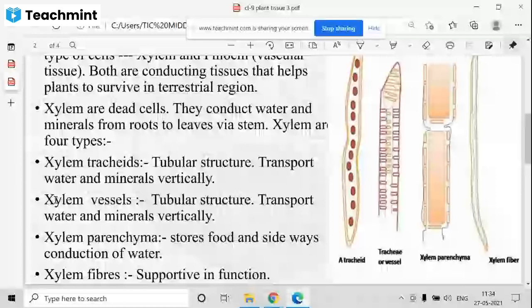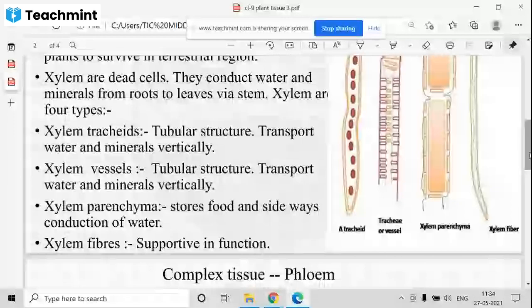Then the xylem vessel, the carrier. It transports water and minerals vertically from the roots to the leaves. They are tube type. Then comes the xylem parenchyma, which stores food and conducts water sideways. Mainly, whatever food is brought by the phloem is stored there, and to a small extent they conduct water.